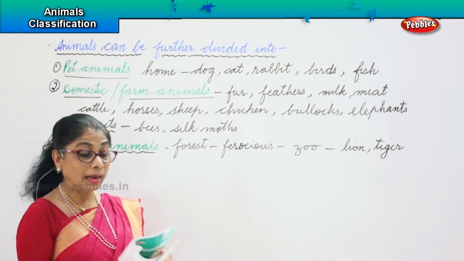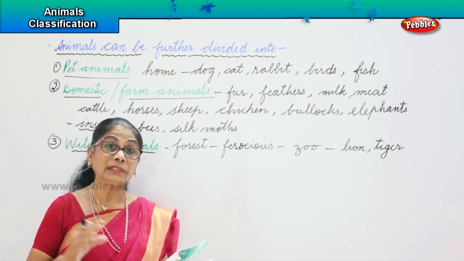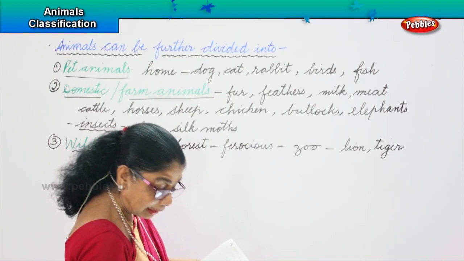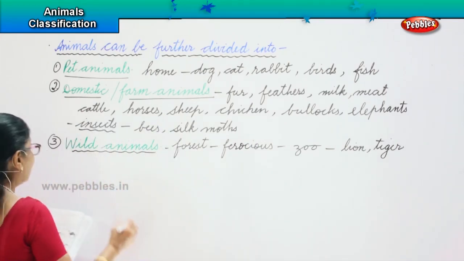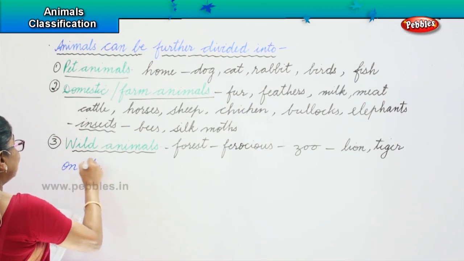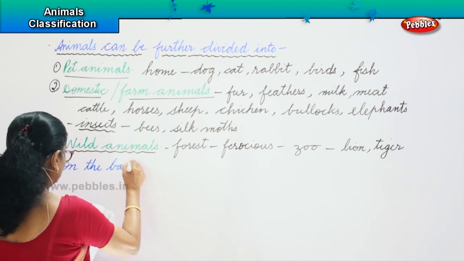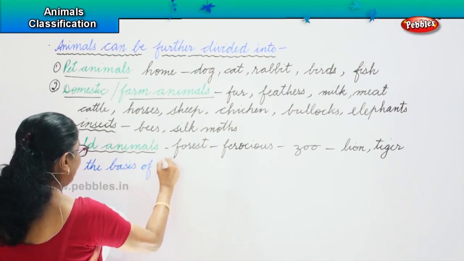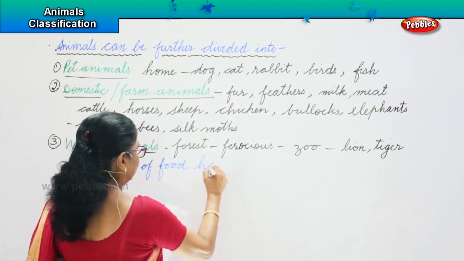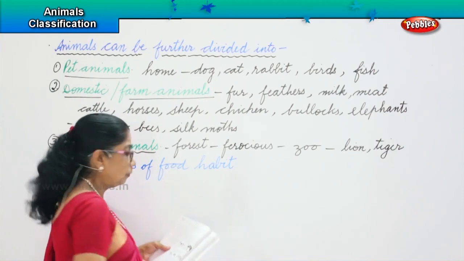Next, there is another way to categorize animals on the basis of the food they eat. So we can also categorize animals on the basis of food habits.